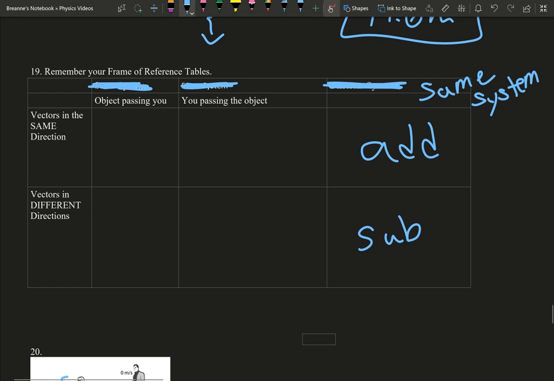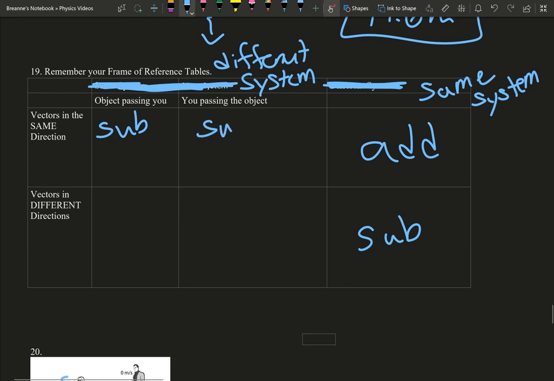And we're going to change this into different system. This is where it matters if an object is passing you or not. When I mean by you, I mean the frame of reference you're in. So vectors going in the same direction, you're going to end up subtracting.